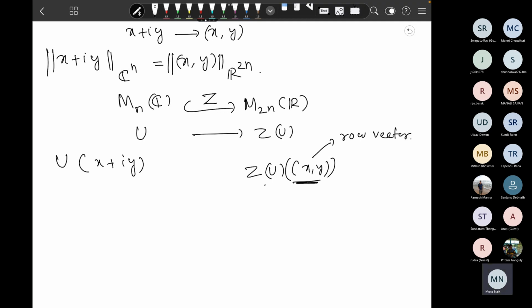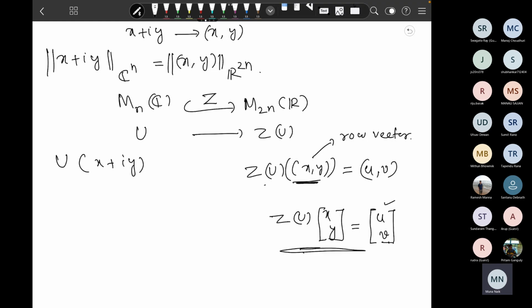But when you do the operation, when you multiply with ZU, which is a matrix, you write (x, y) in column form and multiply.